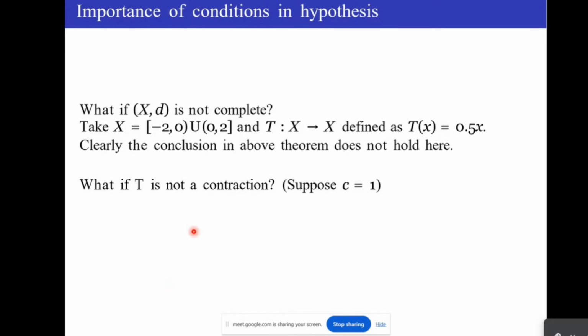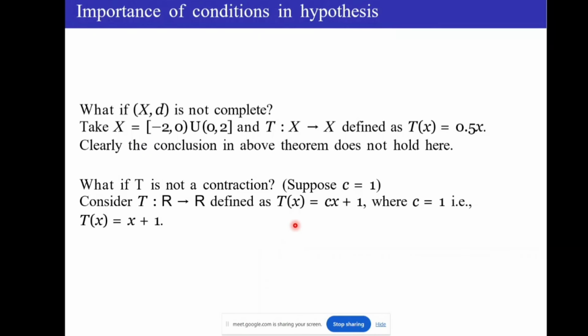Okay, now suppose this is not a contraction. Let's think about a very simple case. Consider a map from R to R, just consider the translation. That translation will leave no fixed points, right? Suppose I am translating by 1, so x will go to x plus 1.